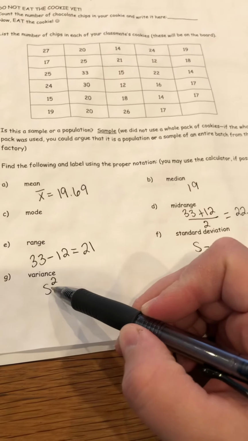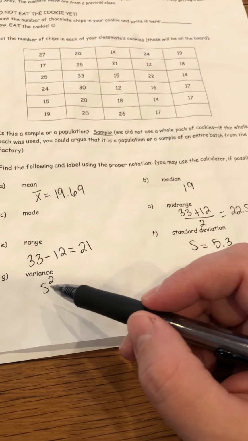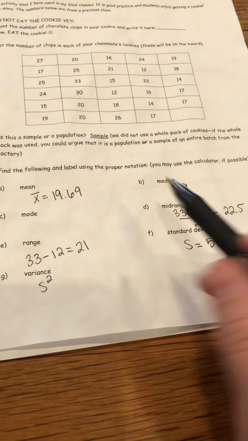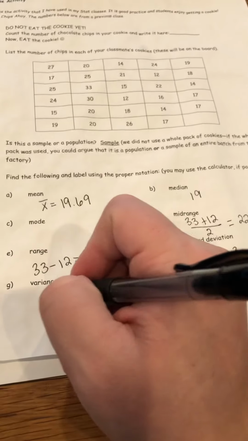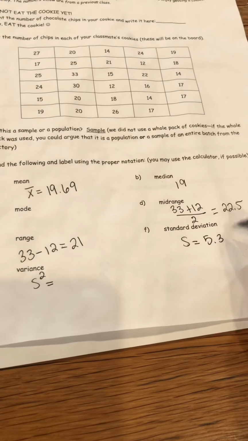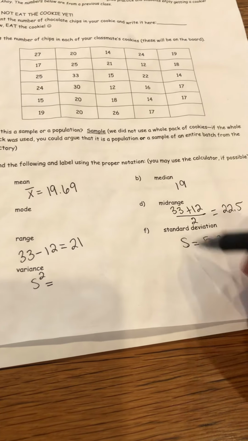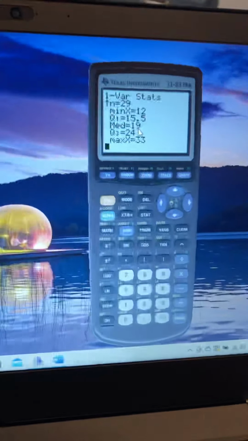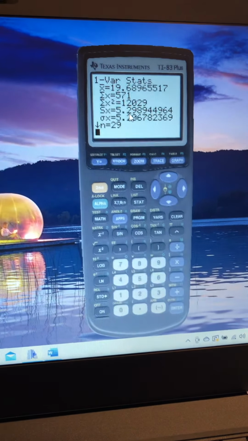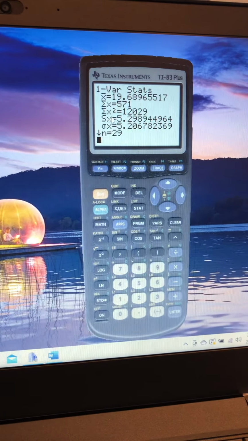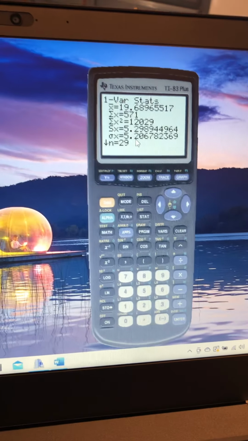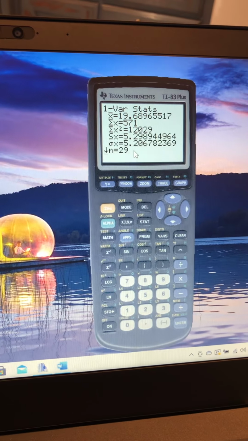And then for S squared, it doesn't give me the S squared. I have to square it. And when you do this on the calculator, instead of typing in 5.3 squared, that introduces a little bit of a rounding error. So usually what I do is, you can also go pull the SX and it'll store that, and you can square it, but usually it's quicker for me because I can never find that.